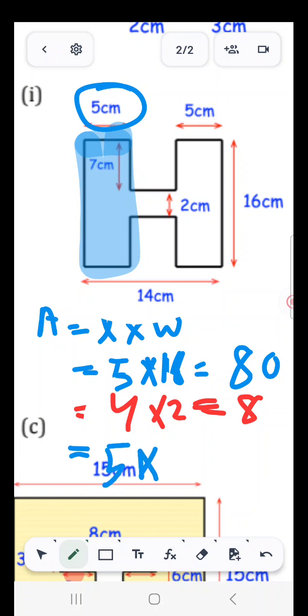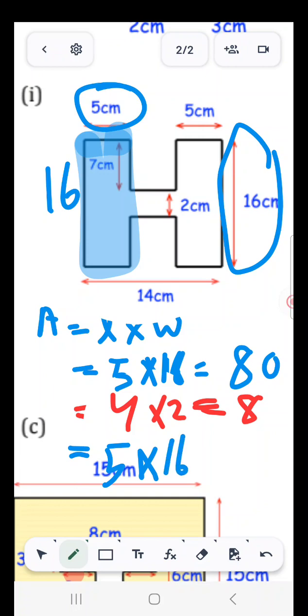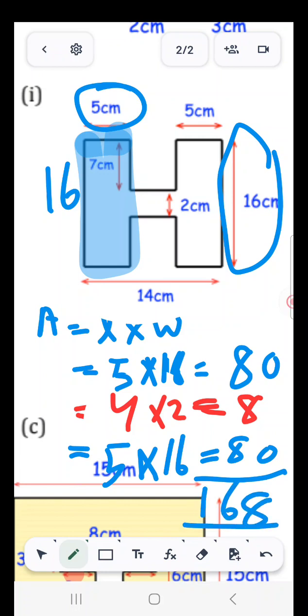By mistake I have used the blue color again, I hope you don't mind. And the 16 is already given here, so 16 is here as well. Use common sense. 5 times 16 is already known as 80. 80 add 80 we know is 160, so it should be 168 centimeters square.